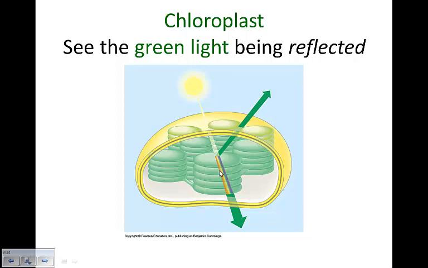All the other colors of the spectrum, not of the rainbow, but of the spectrum, are being absorbed, and you're going to see how they're used within this site. But the chloroplast is the site of photosynthesis.